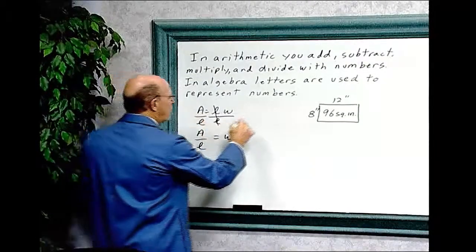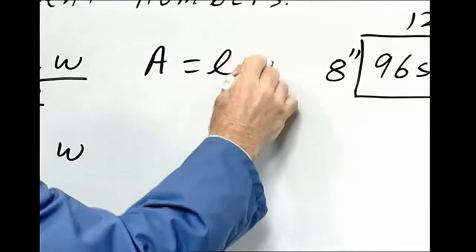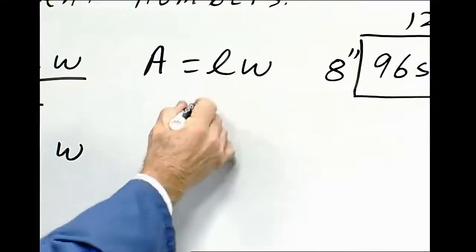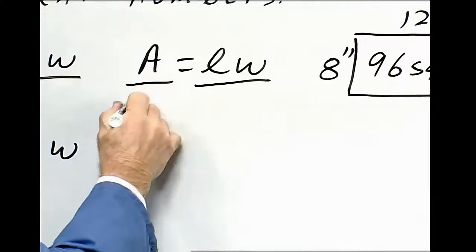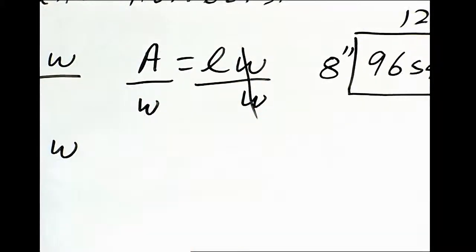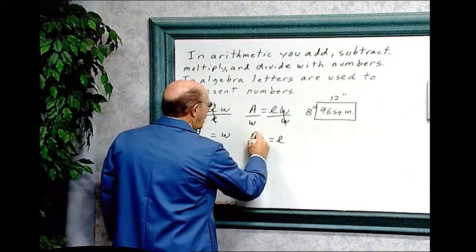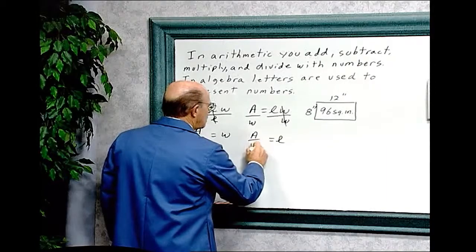Let's take that same formula. A equals LW. And let's just put the W now, divide each side by W. And the W cancels out. So L equals A over W.